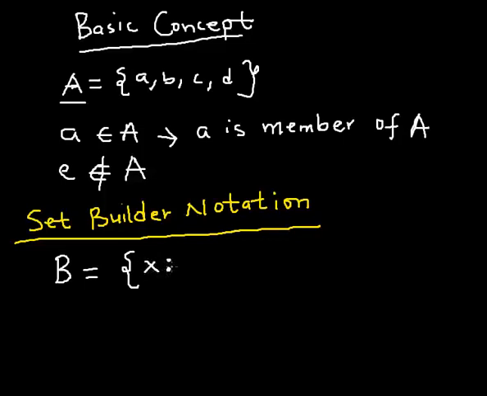Once you see this symbol, it simply means such that, or you can use this other one, but let's use the previous. So B is a set of x such that x is an integer.